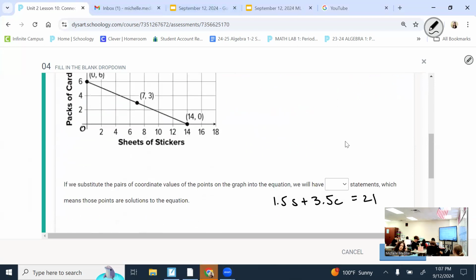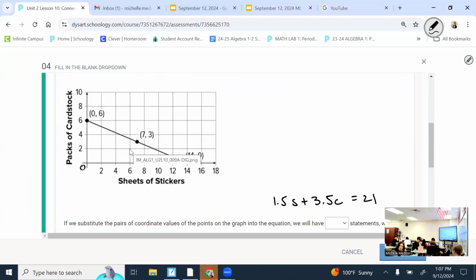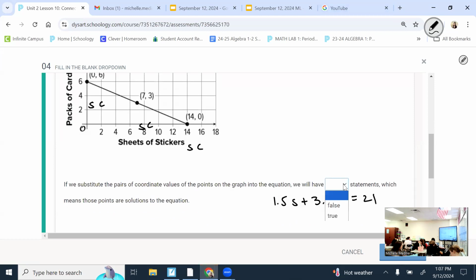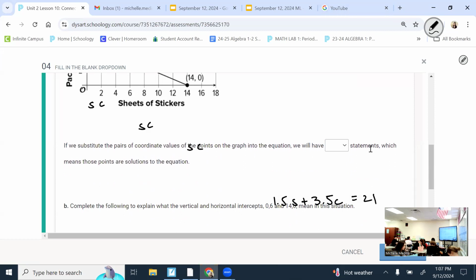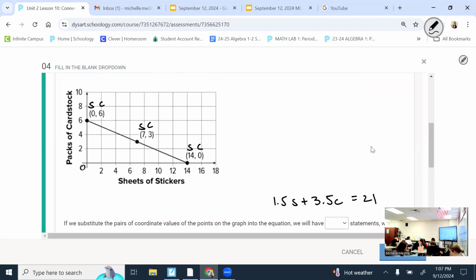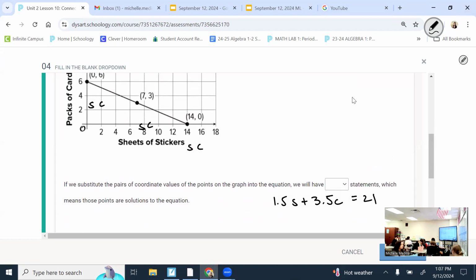All right, they're saying if I plug these in, because of the x-axis, the first number in each parentheses is for stickers. The second is for cardstock. They're saying if I plug those in, we will or will not have true statements, that mean that they are solutions to the equation.